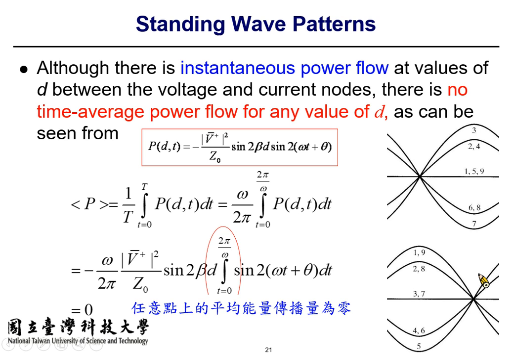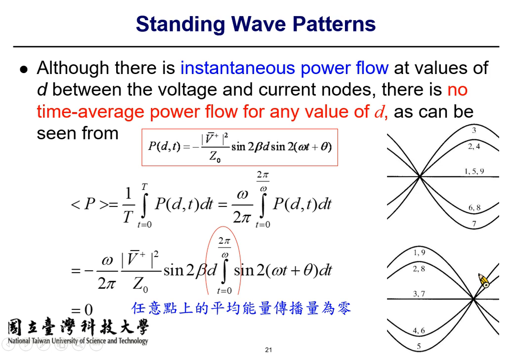In the red box is the instantaneous power on the transmission line. Instantaneous power is the product of voltage and current. But we are more interested in the so-called average power propagating on the transmission line.